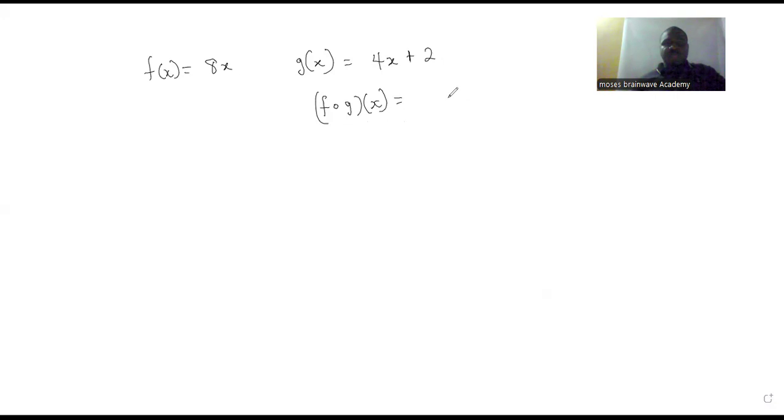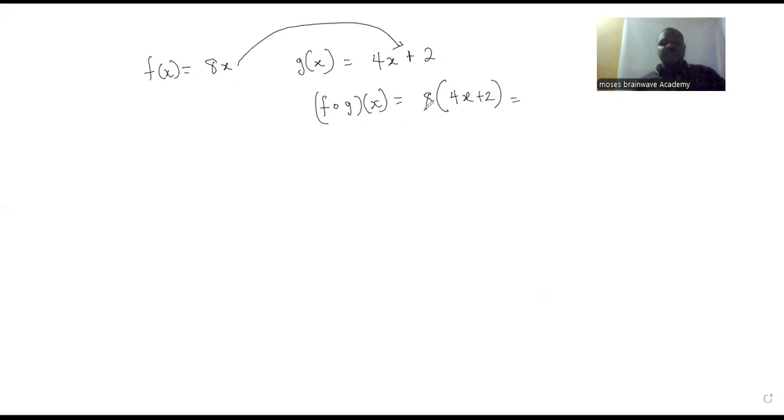Very simple. I'll go to my f of x, and where I see x, I'm going to substitute g of x for it. So automatically, I'm going to get 8. Instead of putting x, I'm going to put g of x, which is 4x plus 2. This is pretty simple, right?